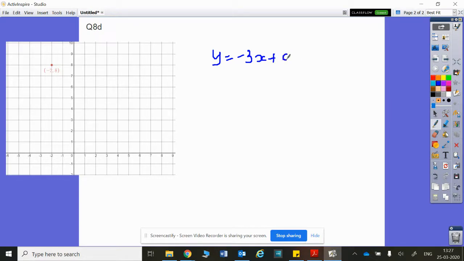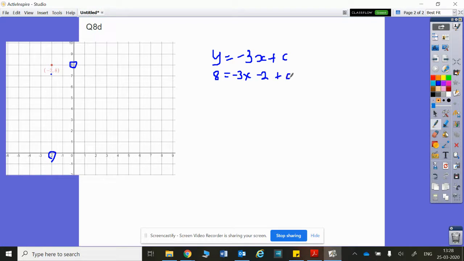Now we can do this algebraically to find c as well by putting in the coordinate point. -2 is on the x-axis, so we can put -2 in for the x number, and we can put in 8 for the y number, because this has a height of 8, and 8 is on the y-axis. Now you can put in equals, and you'll do -3 times -2 there, and plus c.